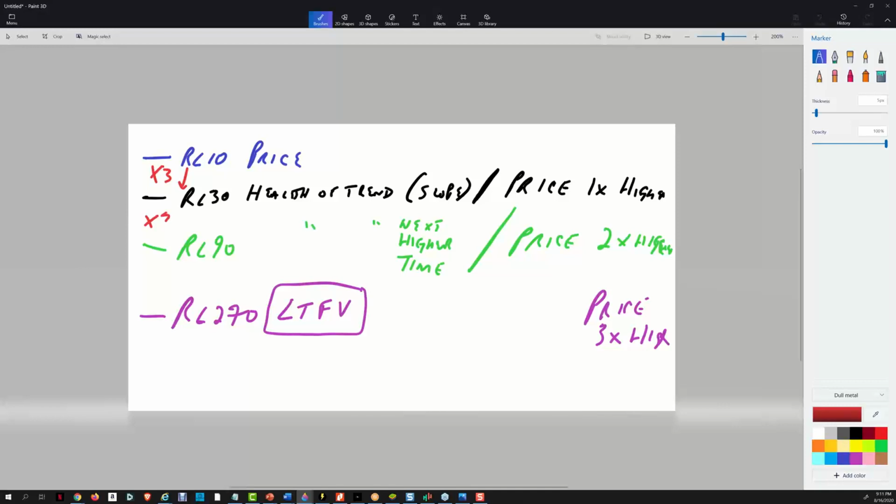Then RL30 times 3 gets you to the RL90, and the RL90 times 3 gets you to the RL270. So in this pair, the RL10 and the RL30, that gives you the price and the health of the trend, because the RL10 is fast and the RL30 is slow.